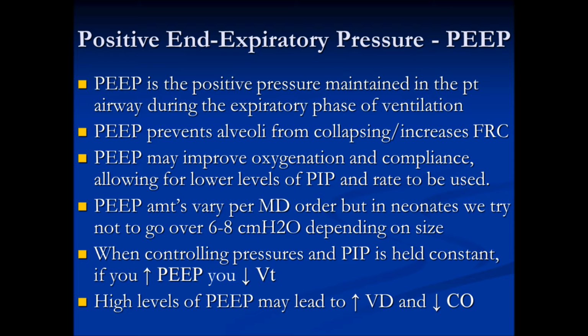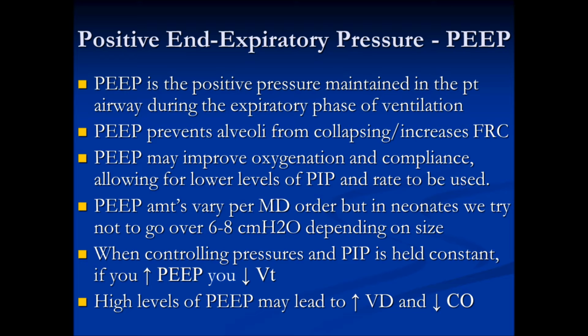It shows that the breath never goes back down to baseline. It starts at the pressure that you have set for PEEP, and then it shows the inspiratory pressure, the actual pressure on inspiration, which is obviously your PIP, and the difference between those two numbers are really what you're ventilating the patient with, not just your PIP setting.